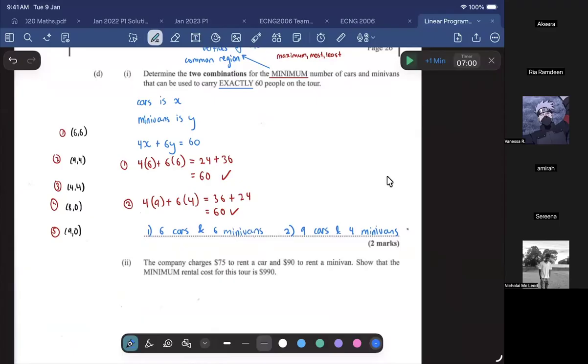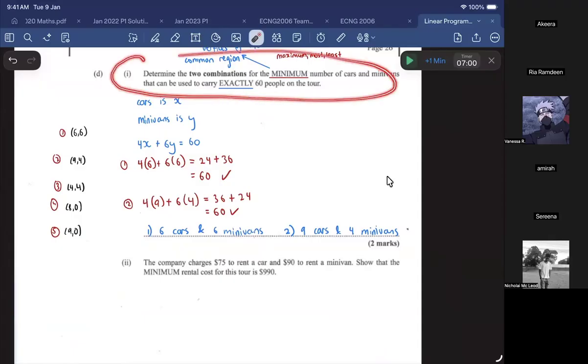How many cars and minivans are used to carry exactly 60 people. Right.